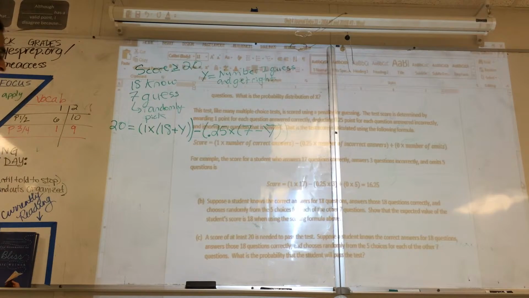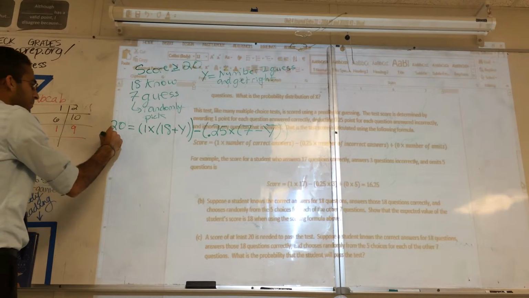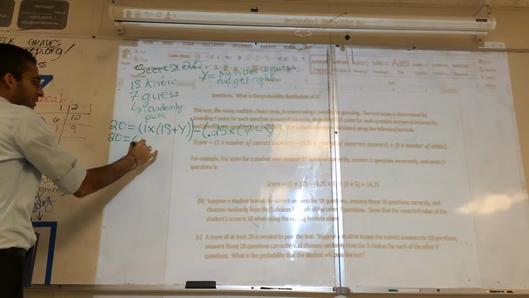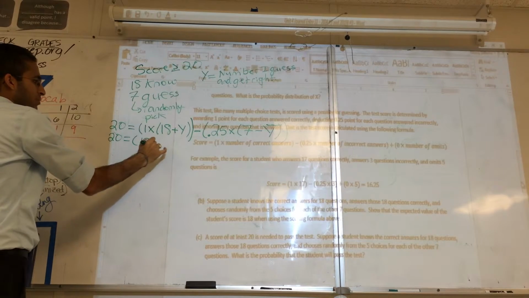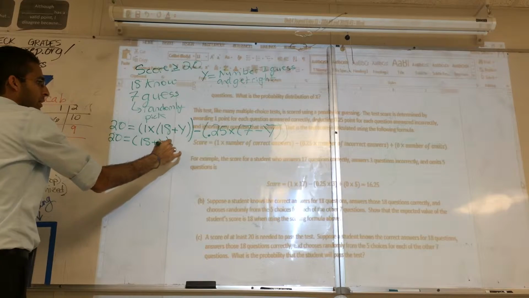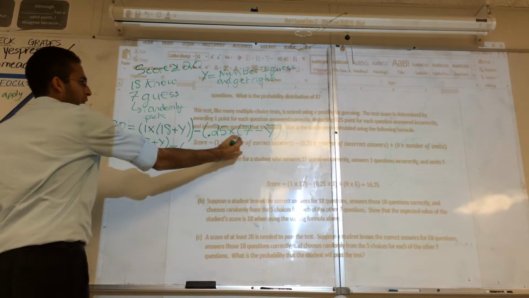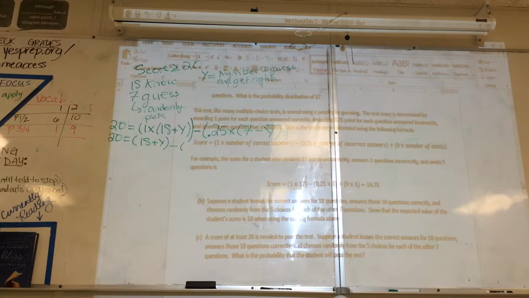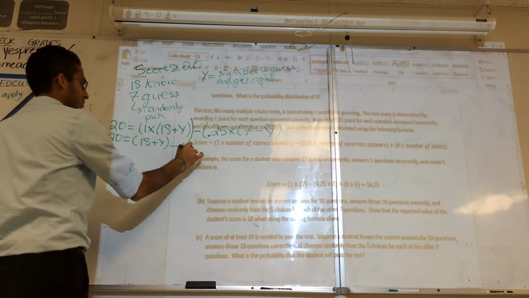So here we have this. I know that 20 must at a minimum be equal to 1 times 18, which is 18. 1 times y is y. Minus 0.25 times 7 is 1.75.